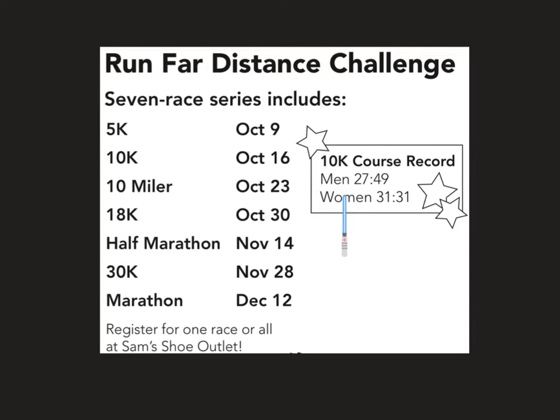And at this particular course, there is a 10K, a 10-kilometer race course record. So the fastest that this race has ever been run is recorded right here. So we've got for men, this race has been run in 27 minutes, 49 seconds. For women, this race has been run in 31 minutes, 31 seconds.